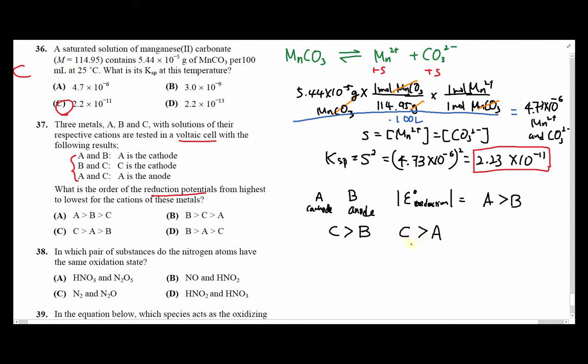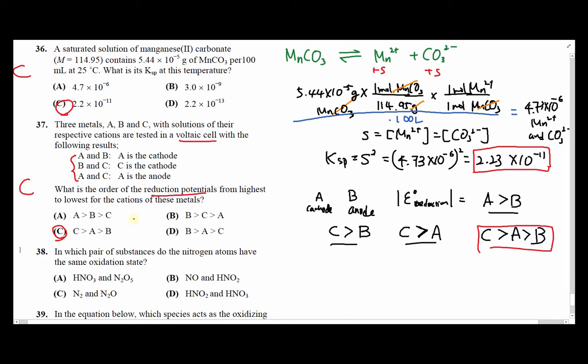The only way to counter that is by applying electrolysis, but that's not being asked here. So looking at three different inequalities, the magnitude of C must be the largest, and then between A and B, A is larger, so we have it in this order. So our answer has to be C.